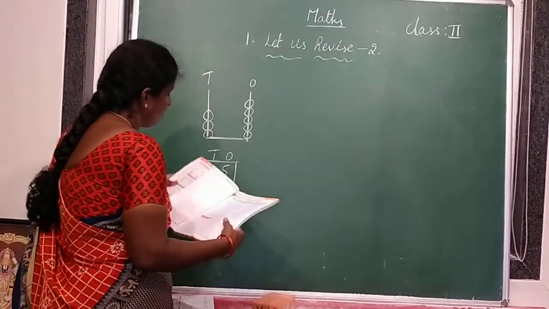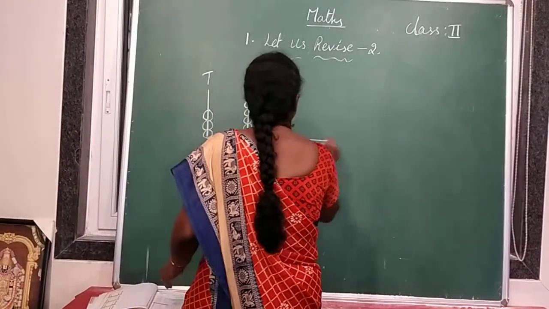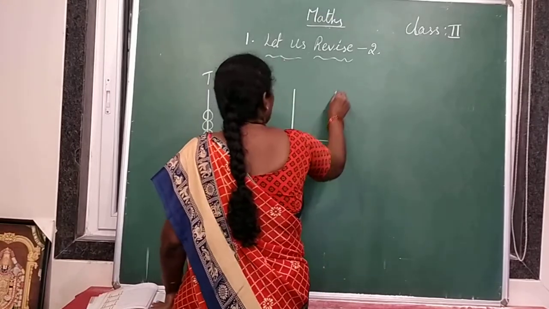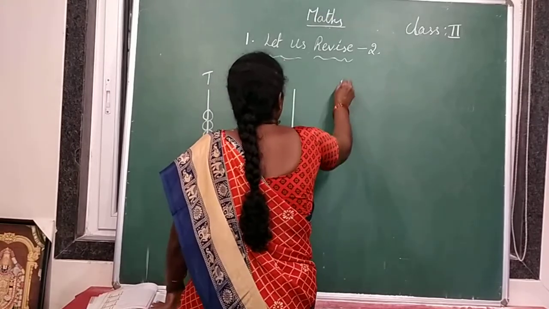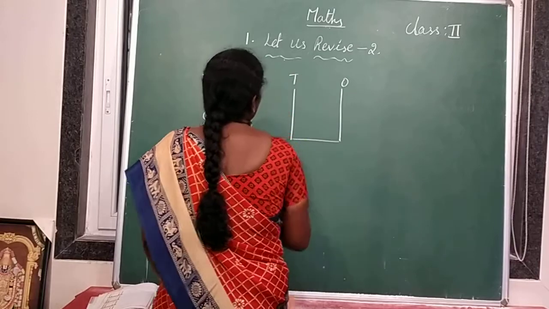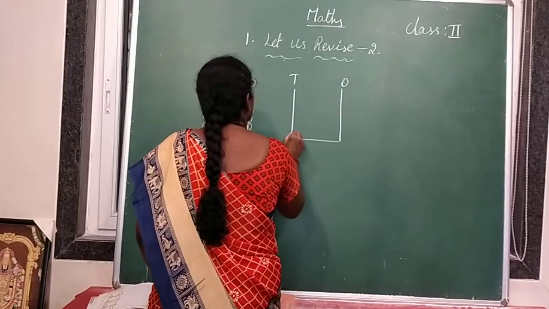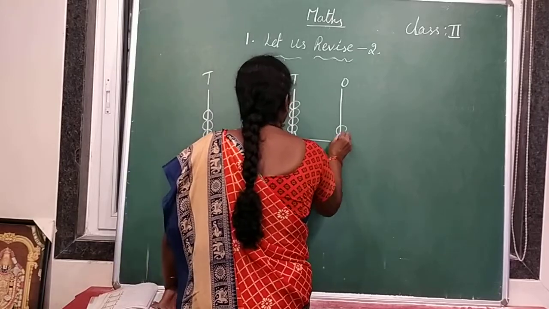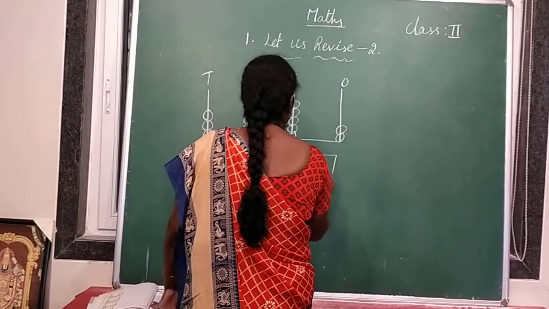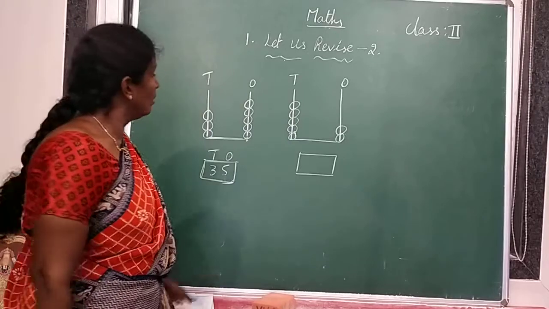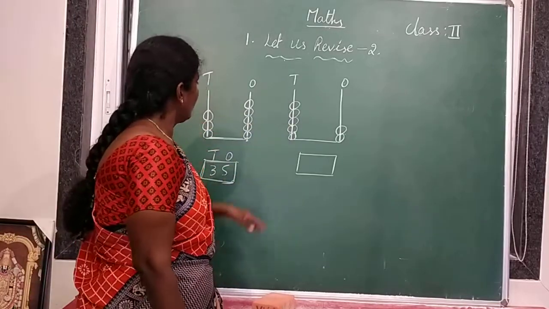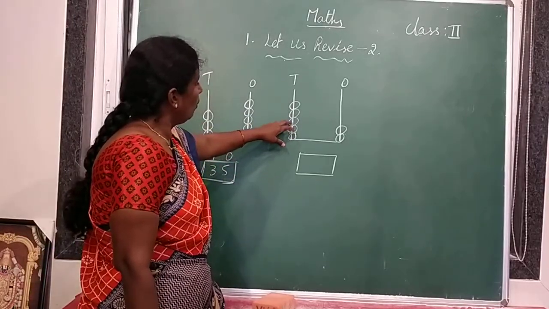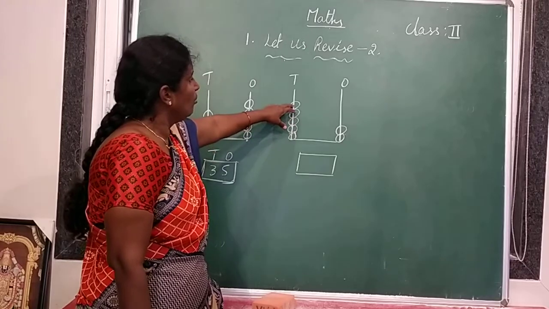Count the beads. For example, here I gave one number. Already I represented a number on abacus. Can you find this number? So how many tens are there? 1, 2, 3, 4, 5.